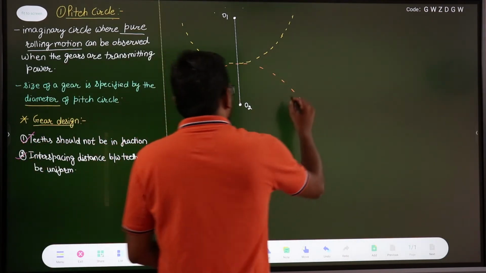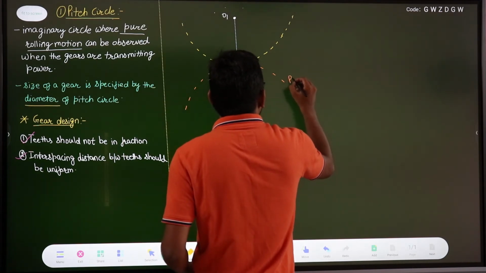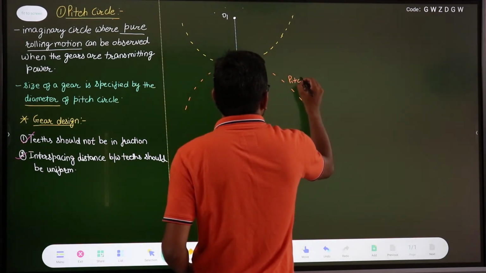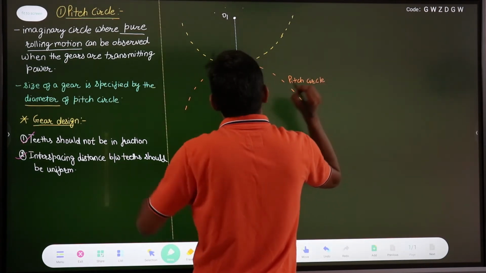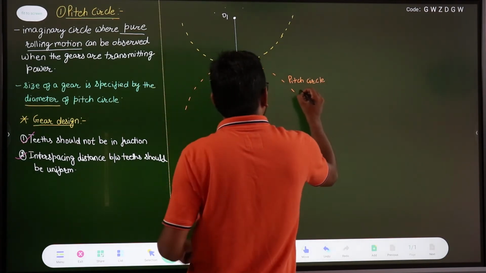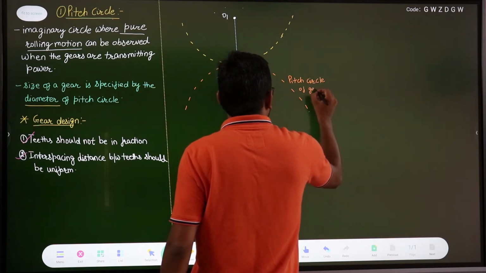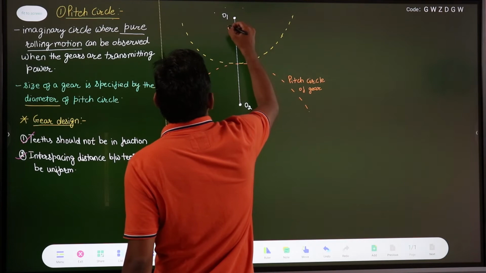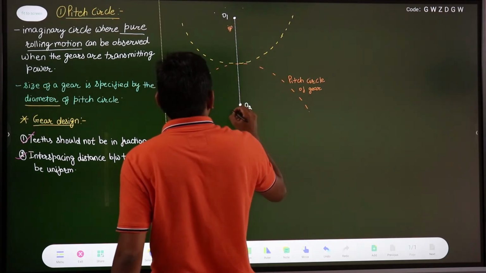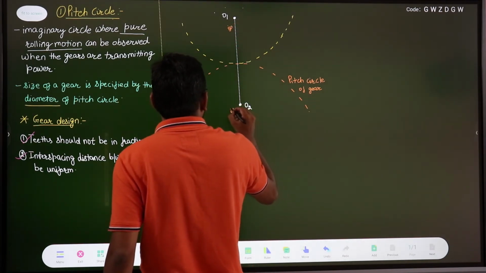This is important, that's why I am writing it: this is the pitch circle. Always we will define the gear with the help of its pitch circle. So this is the pitch circle of the gear, and this is the pitch circle of the pinion. Suppose this is your input and this is your output, right?